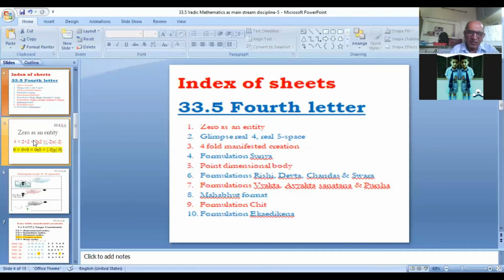The fifth phase of initiation is a point dimensional body. Point dimensional body is conceptually of manifold features.